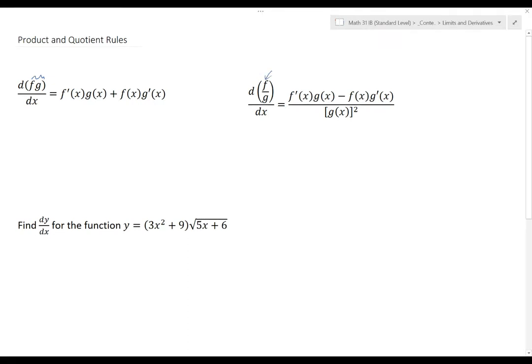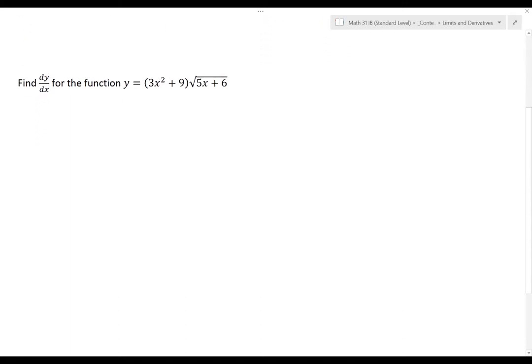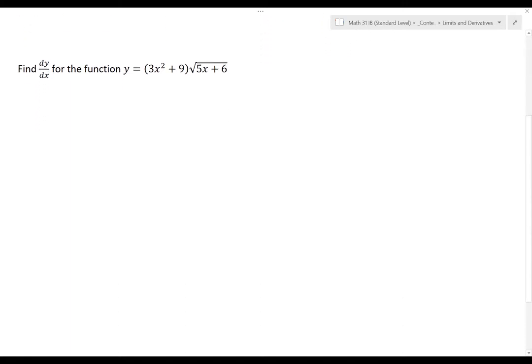If I have a function that is a quotient of two other functions, it's the derivative of the first function times the second function minus the first function times the derivative of the second function, all divided by the denominator function squared. And again, I'll prove these to you in class, but let's look at what it looks like here. So I have y equals 3x squared plus 9 times the square root of 5x plus 6.